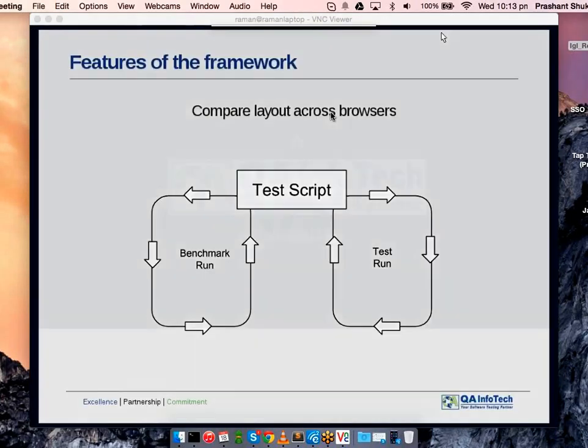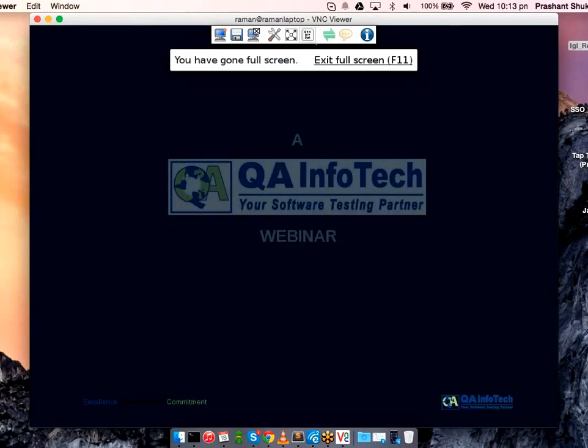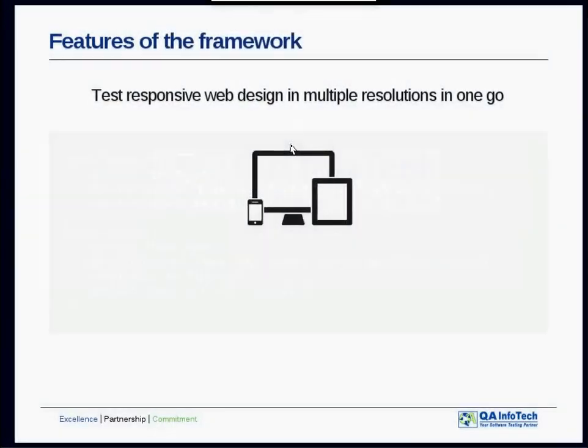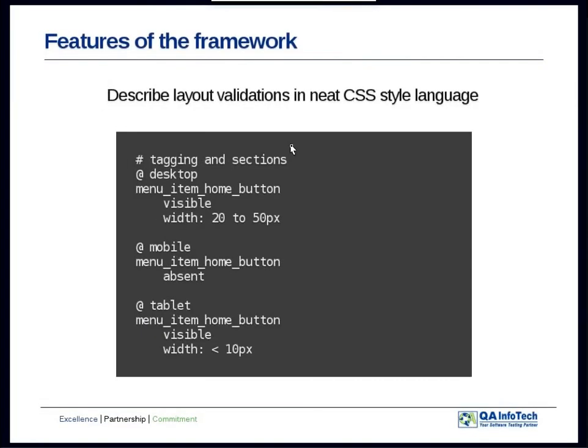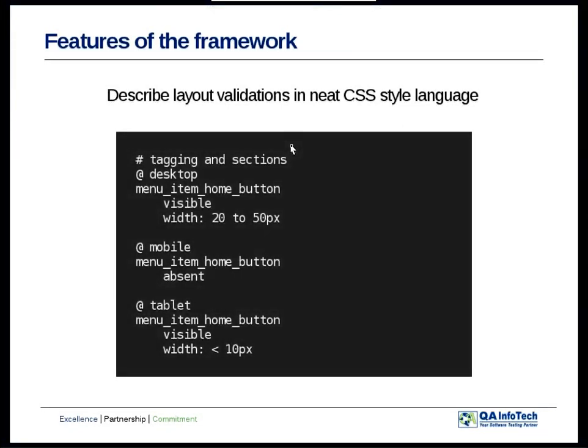In fact, let me take you to the specific slide in the presentation where I have the answer to this question. There it is. We have a way to annotate sections of the spec file with various tags. For instance, I can add a desktop tag. On desktop resolution, just check for these attributes of this element, and on mobile resolution, check a different attribute or a different value of an attribute for this element.